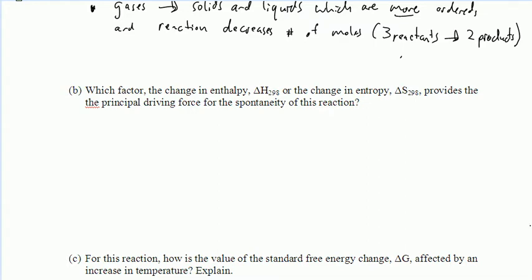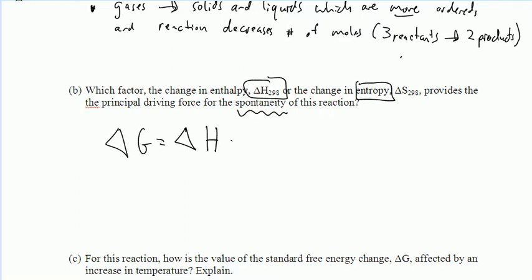Part B: which factor, the enthalpy or the entropy, delta S, provides the principal driving force for the spontaneity? Let's think about this. They basically are asking what makes it spontaneous. So we are going to refer back to the equation for delta G: delta H minus T delta S. We know that delta H is negative.